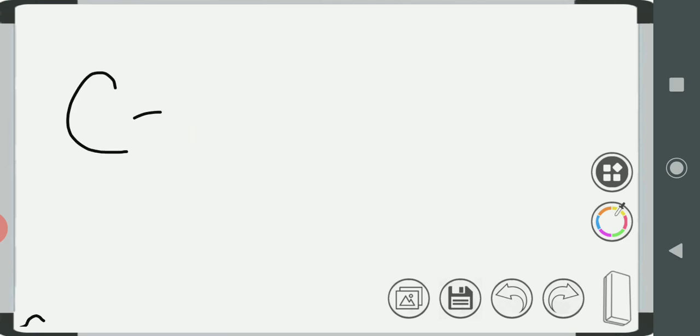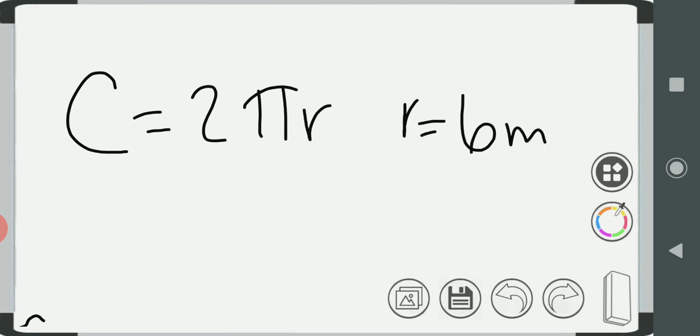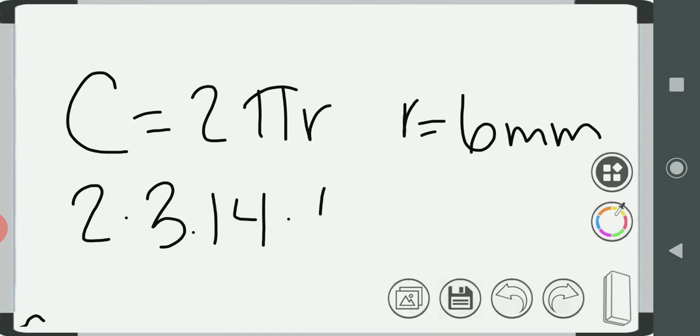So circumference equals 2 pi r. We decided r equals 6 millimeters. Let's just put that into our formula: 2 times 3.14 times 6.